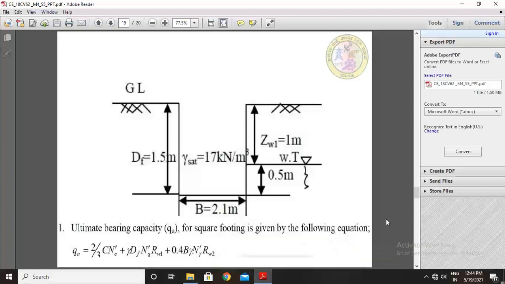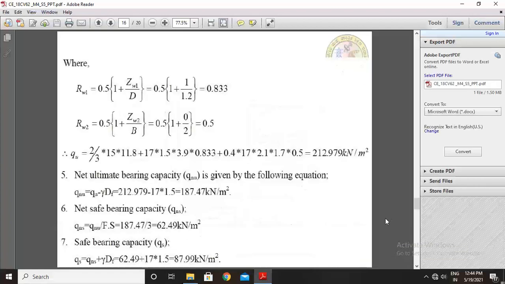So now in this equation you calculate first the water reduction factors. Rw1 is given 0.5 times 1 plus Zw1 by Df. So then substitute the values in this equation, we are getting 0.833. And Rw2 equal to 0.5 times 1 plus Zw2 by B. So now substitute the values in this equation. Here Zw2 is 0, B is 2.1, we are getting the answer 0.5.